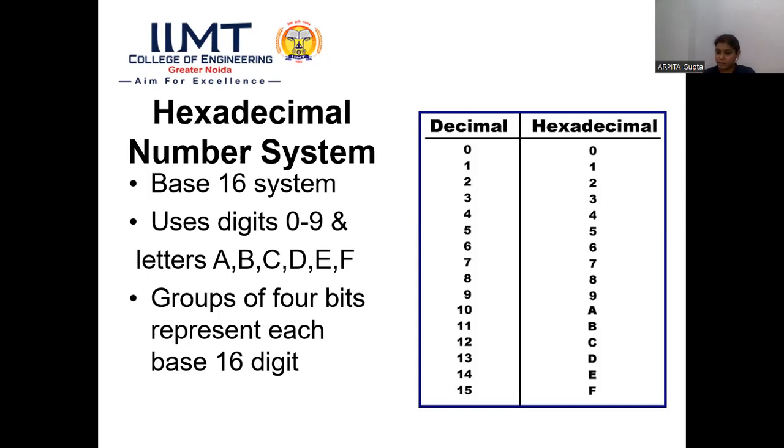Like decimal number 10 is written as A in hexadecimal, 11 in decimal is written as B in hexadecimal, 13 in decimal is written as D, 14 in decimal is written as E, 15 in decimal is written as F in hexadecimal.